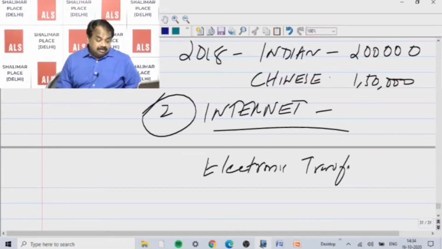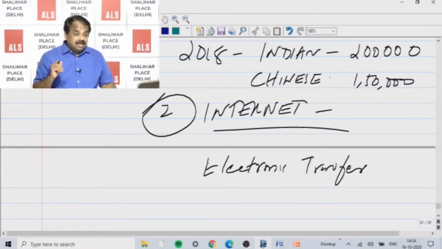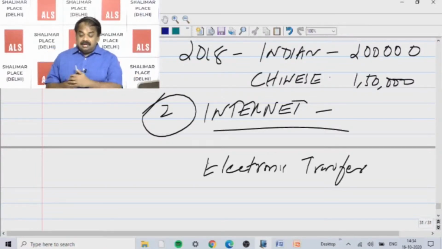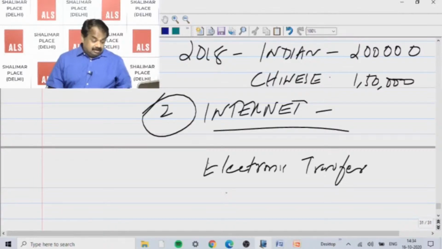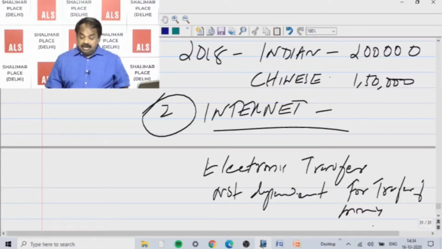Earlier, a post office economy and all, we used to say the letter has to come, money order will come. Now it has completely changed, you know it very well. And Nepal is no more dependent on India for transfer of money. That is something very important.